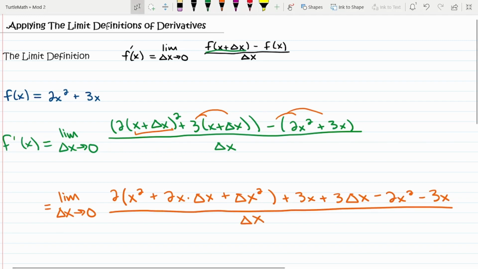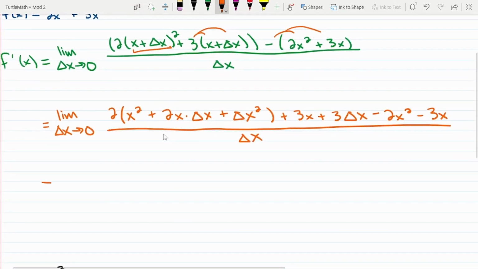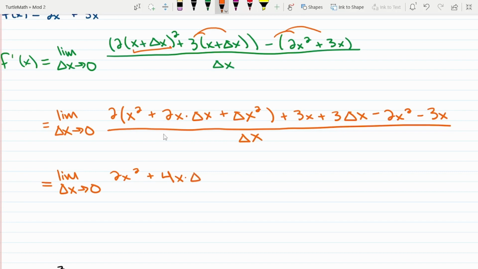So let's go ahead and distribute that 2 in, and then we'll look around, see what like terms we can combine, see how else we can simplify everything. So we'll distribute that 2, and we have 2x squared plus 4x delta x plus 2 delta x squared plus 3x plus 3 delta x minus 2x squared minus 3x.